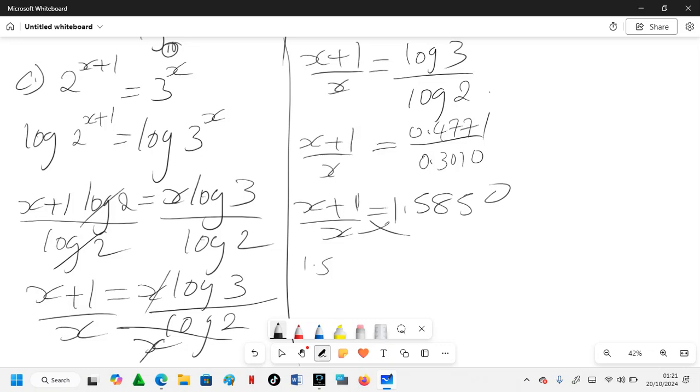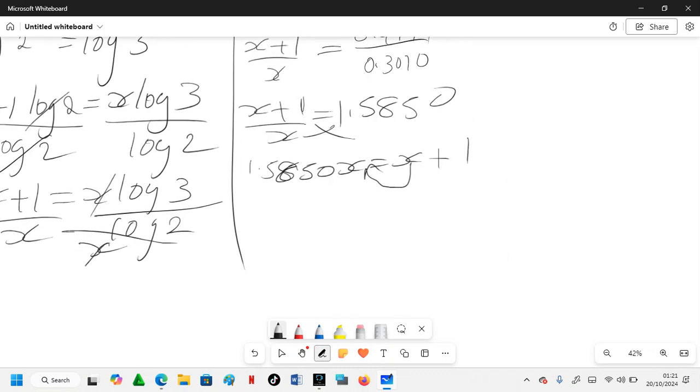So 1.5850x is x plus 1. So you can collect the x there. So this will be 1.5850x minus x. I believe that is going to give us 0.5850x is equal to 1.